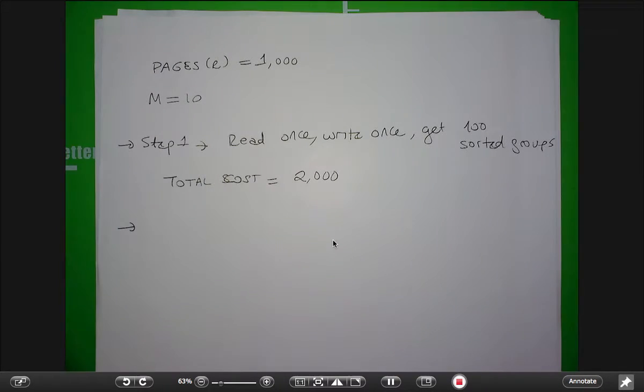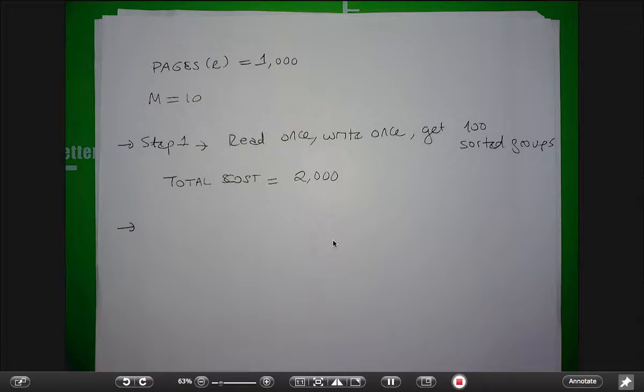But to be able to merge, you actually have to read one block from each of the sorted groups. And how many sorted groups I have? I have 100. So if I wanted to sort all of these, I need 100 disk pages, 100 memory blocks. But I still only have 10 memory blocks, so I cannot really read them all and merge.